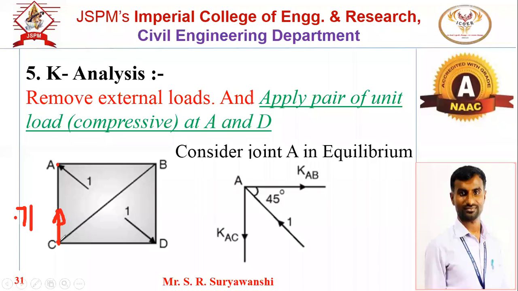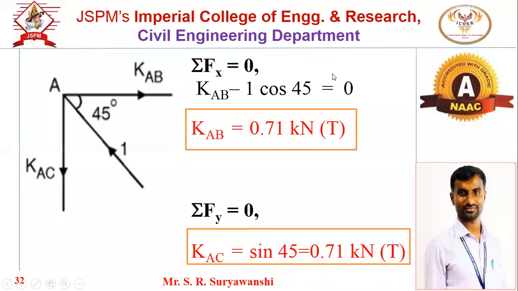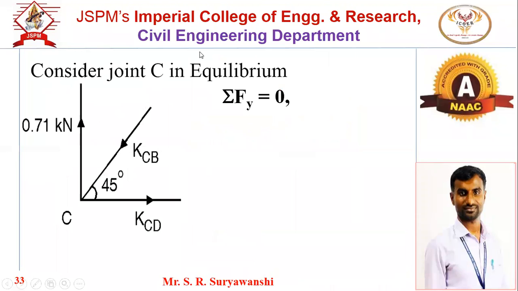Again we will assume KCB tensile and KCD tensile. You can assume tensile, tensile, or compressive, compressive. In the free body diagram for joint C, KAC is already calculated, that is tensile, and for KCB I have considered it in this diagram as compressive. You can consider tensile also, no problem, you will get the same answer. And KCD is tensile.